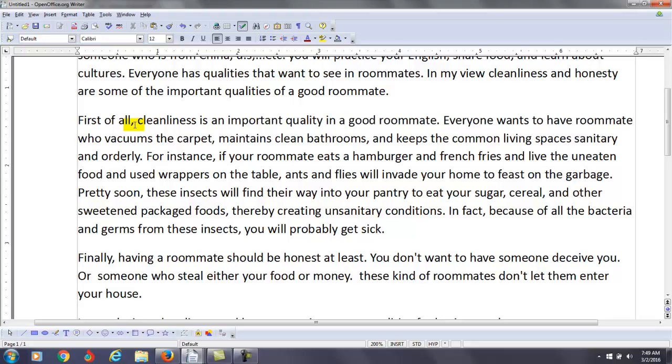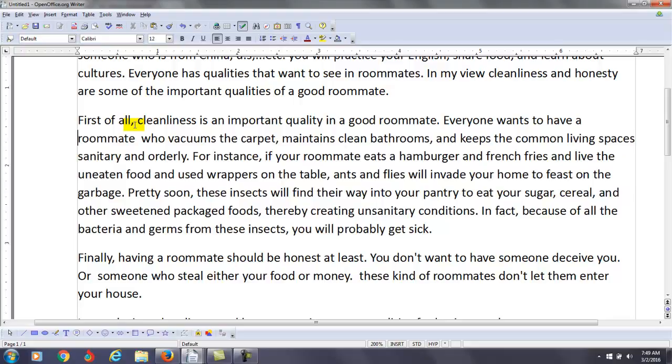Everyone wants to have a roommate who vacuums the carpet, maintains clean bathrooms, and keeps the common living spaces sanitary and orderly. Now, this is the last area. I finish with the common living spaces because then the example relates to that.